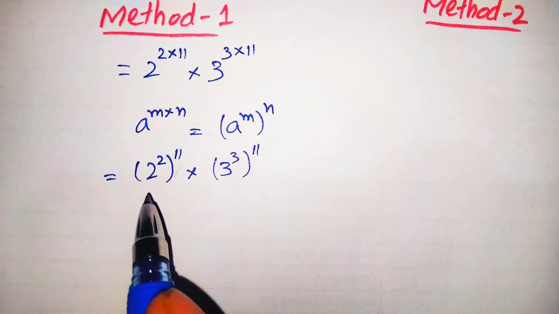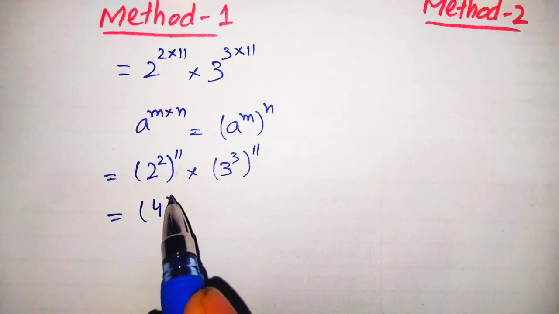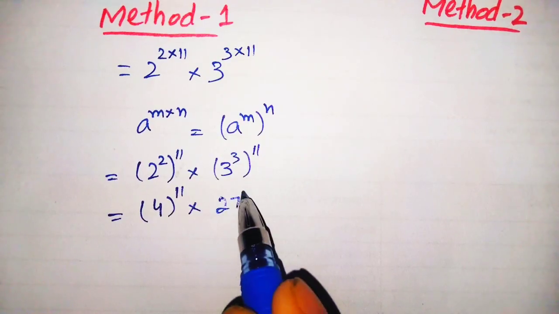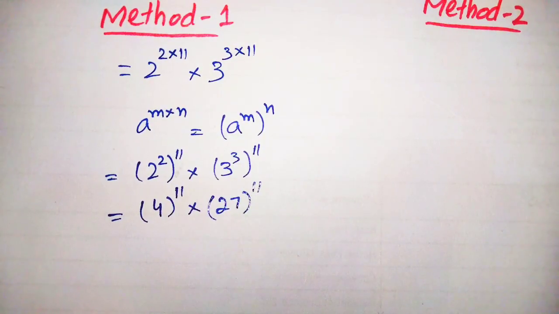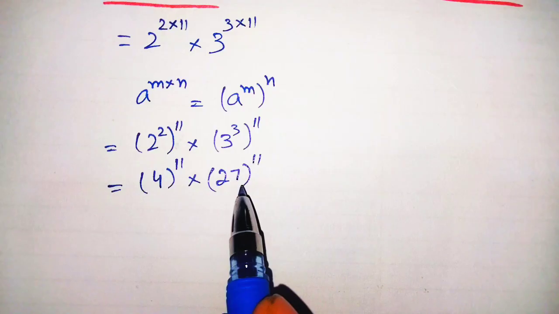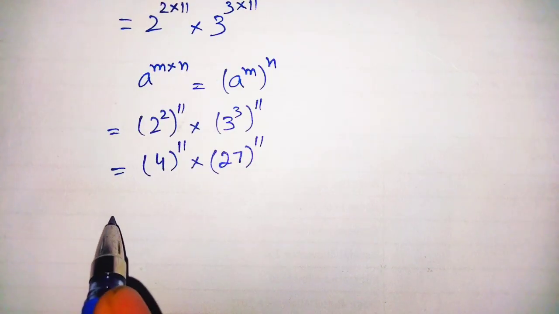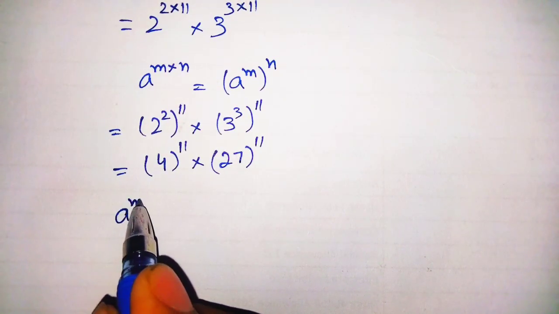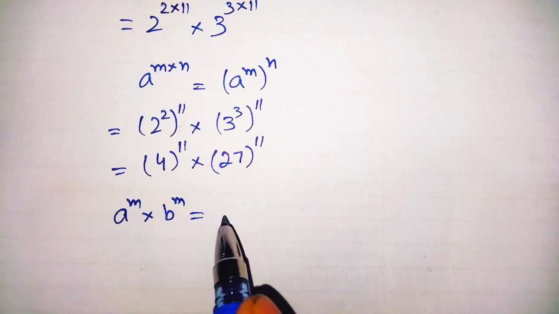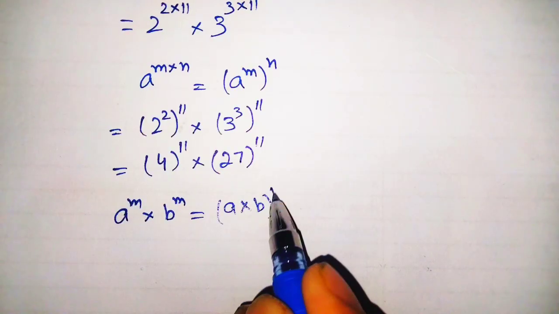Now we can further simplify it: 2 raised to power 2 is equal to 4, so 4 raised to power 11, times 3 raised to power 3 is equal to 27 raised to power 11. Now, as both terms have the same power, we can write them in a combined way. According to the formula, a raised to power m times b raised to power m can be written with a single power, that is a times b whole raised to power m.